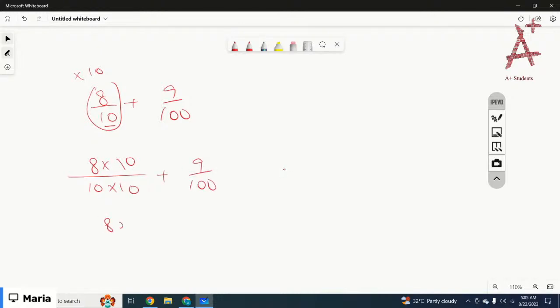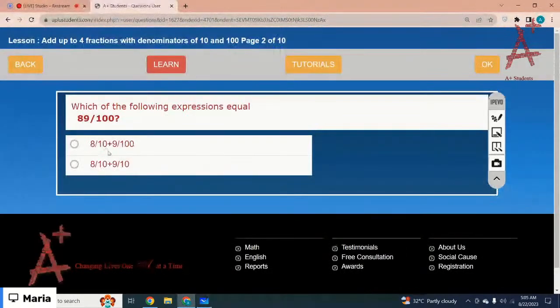So 8 times 10 is 80 and 10 times 10 is 100, right? You can see they now have like denominators. You can simply add their numerators. So it would be 89 over 100, right? So option number 1 is the correct option.